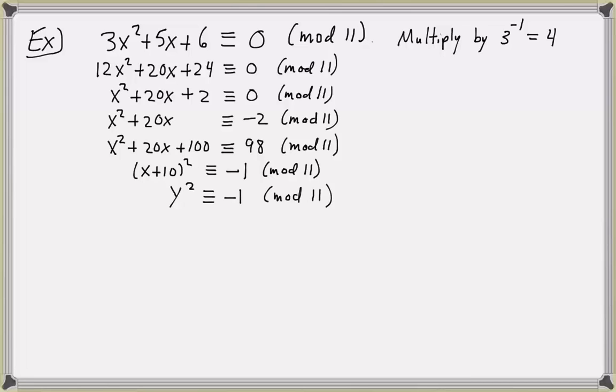So what I'm going to do is look at the squares of all the numbers between 1 and 10 and reduce them mod 11. So now I'm going to square the numbers 1, 2, 3, all the way up to 10, and reduce them mod 11.